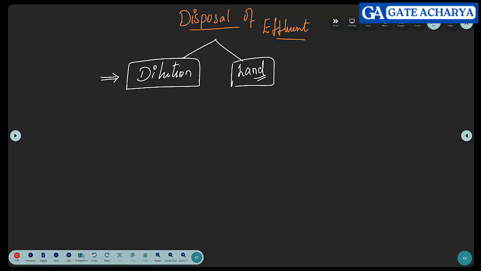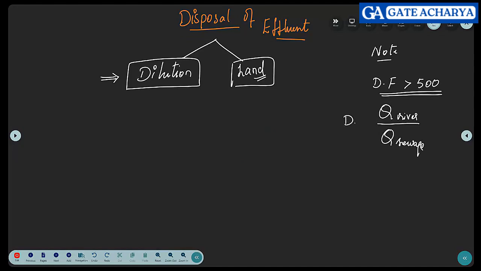Okay, so take a note. If the dilution factor is more than 500, what can we take as the dilution factor, Kana? The ratio of Q of the river or any freshwater body to the discharge of the sewage is called the dilution factor here.